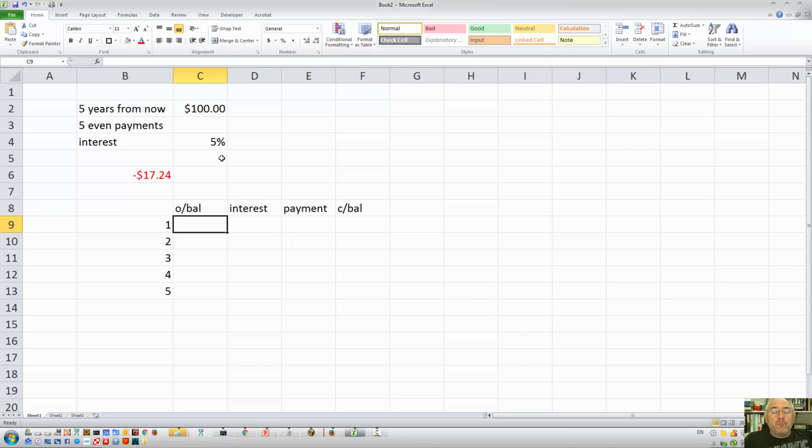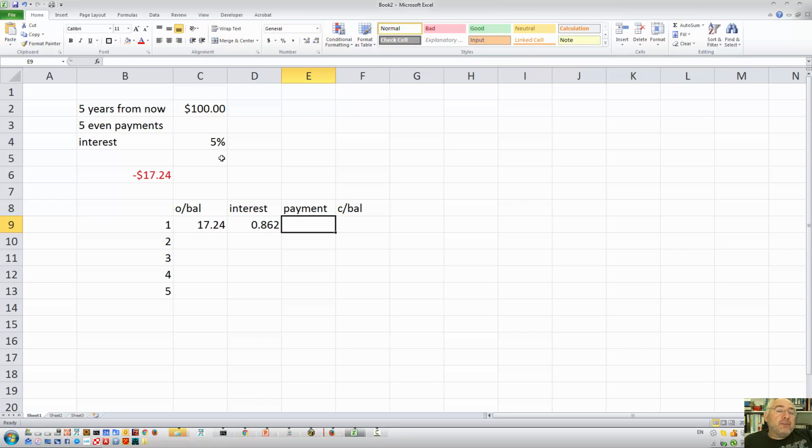Okay, so what's my opening balance? Well, I'm making the first payment straight away, right? So at the end of day 1 of this whole thing, I've got $17.24 in there. Over the first year, I earn 5% interest on that. So the interest is 5% of the opening balance this year. That's 86 cents, roughly.